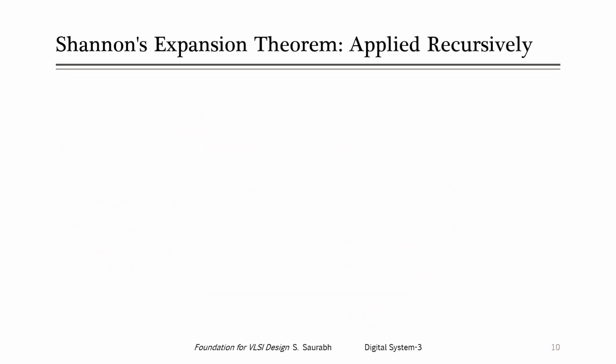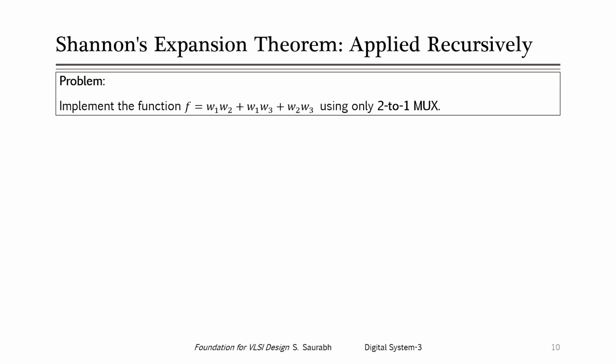Now let me illustrate how we can use the Shannon expansion theorem to decompose a given logic function, and then use the decomposition to obtain a 2 to 1 multiplexer implementation of a given logic function.